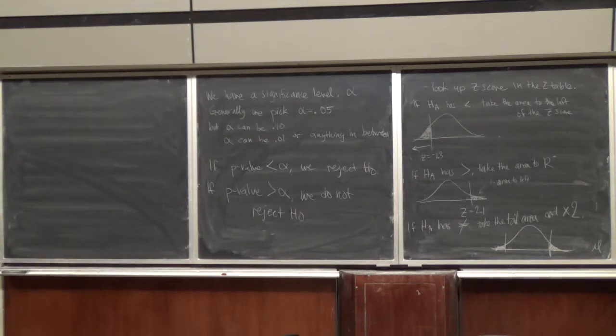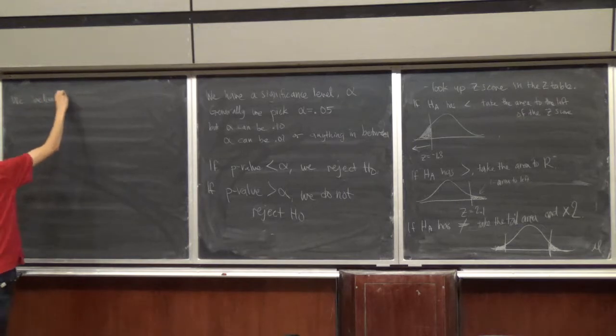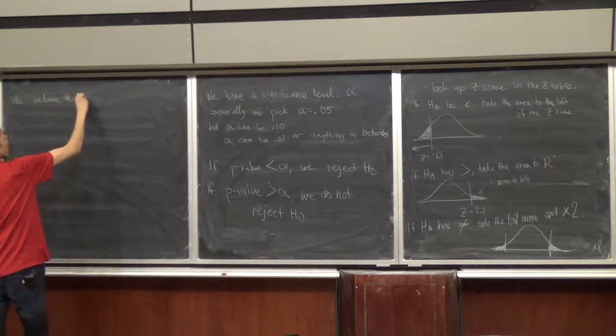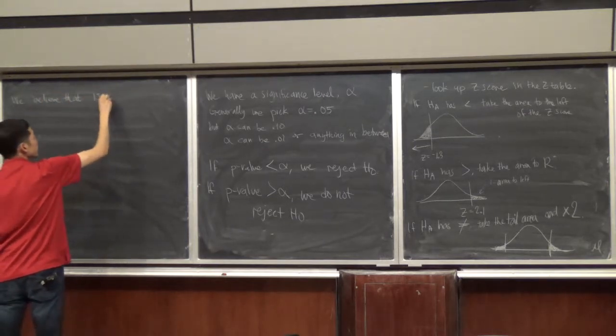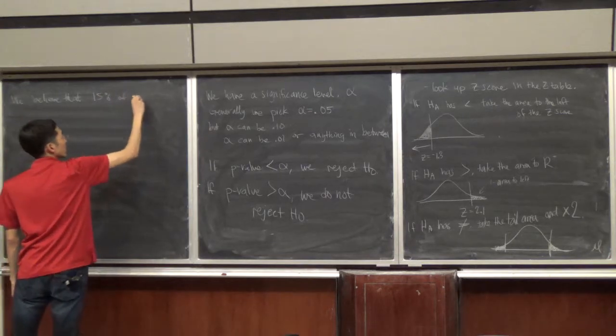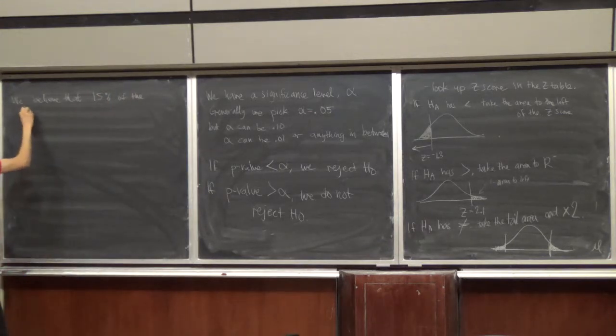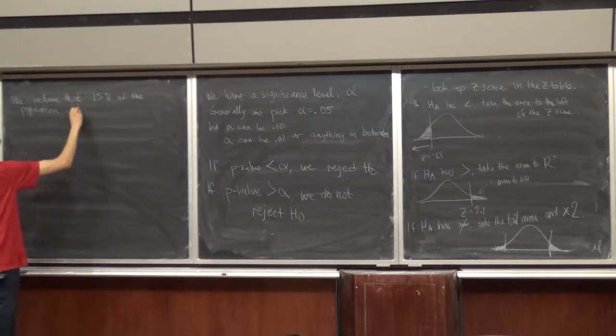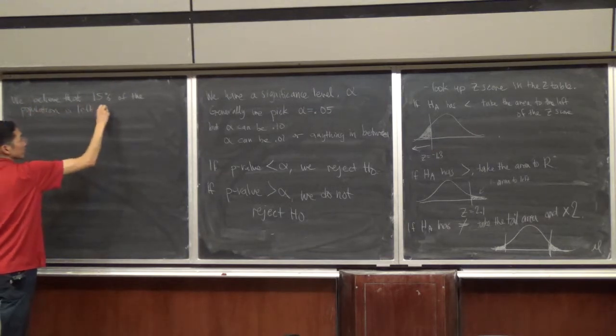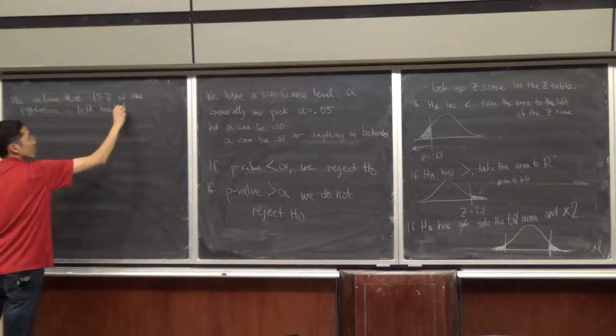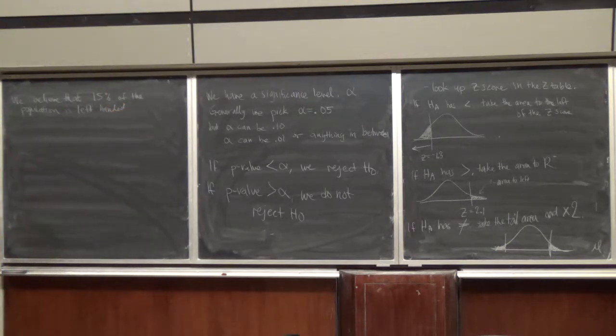Okay, so let's say we believe that 15% of the population is left-handed. This is an example problem. So to test this idea, we take a random sample of, let's say, 300 people.